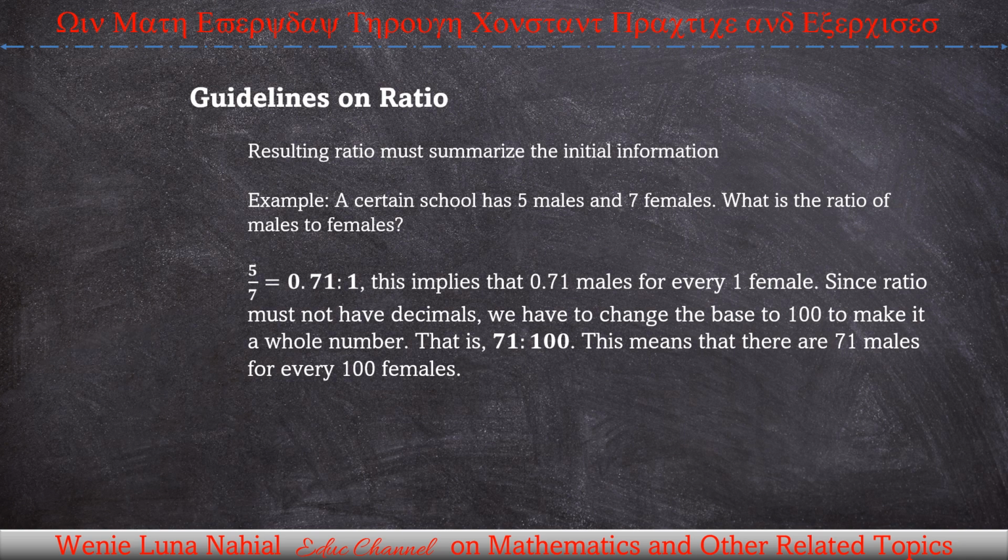This implies that 0.71 males for every 1 female. Since ratio must not have decimals, we have to change the base to 100 to make it a whole number. That is 71 males for every 100 females. So that's the meaning.